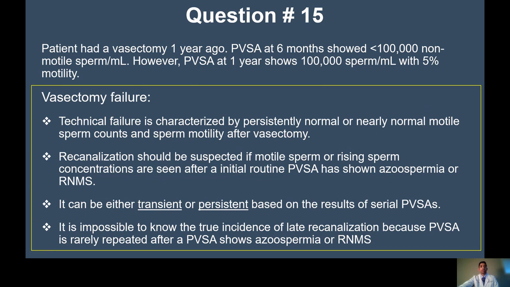It is impossible to know the true incidence of late recanalization because post-vasectomy semen analysis is rarely repeated after a post-vasectomy semen analysis shows azoospermia or rare non-motile sperm. But recanalization is also something that I counsel patients on, the risk of the vas reconnecting basically. While it is very rare, it is something the patient should know of.